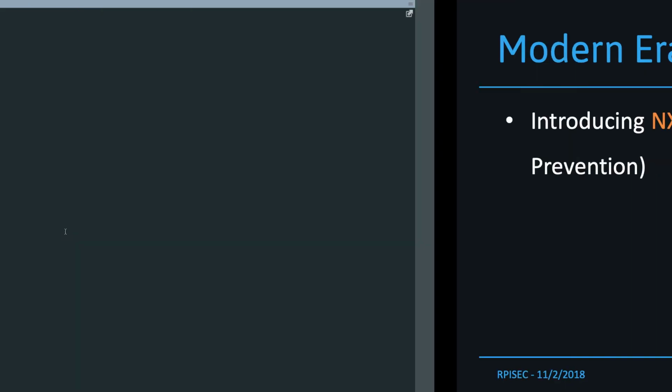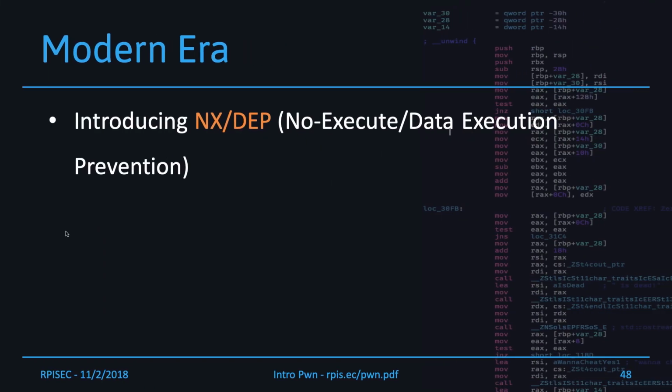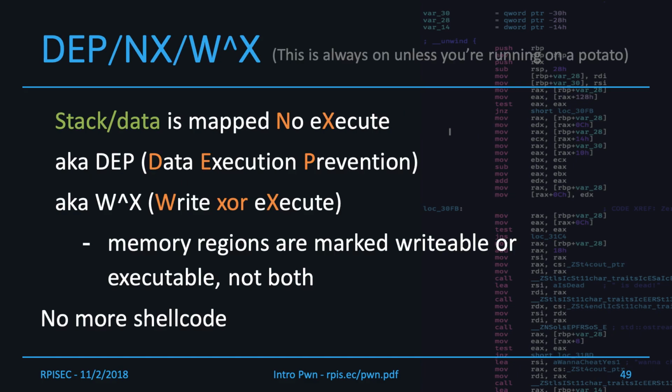execute. With shell coding, you need to have a page of memory that allows you to write and execute code. So you can first write your shell code and then execute it. What this mitigation does, NX, no execute or data execution prevention, is that basically nothing is by default mapped to have both write and execute permission.